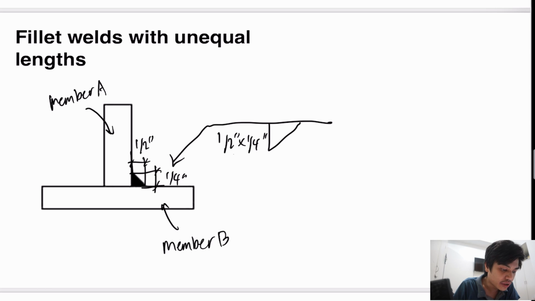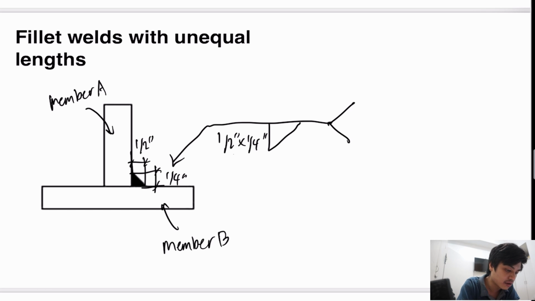Now, how do you determine which member has which size of the leg? So you can make use of the tail in this one. So remember, any note or any specification or process you can indicate on the tail. So how do you specify what size of the leg belongs to which member?